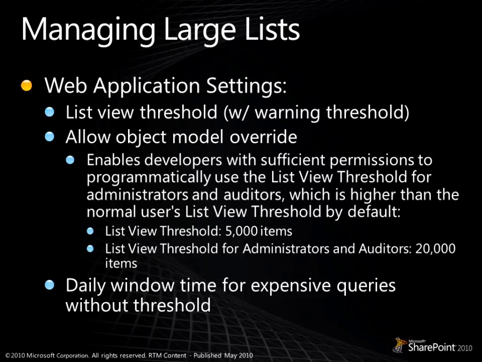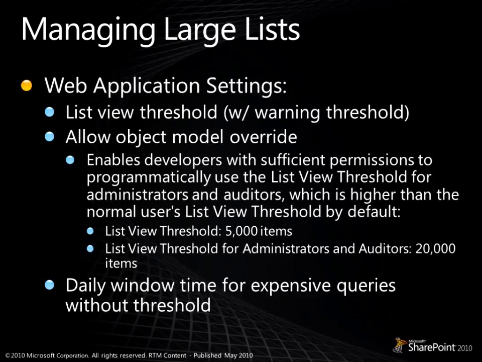List view threshold settings are configured from the application settings using the Central Administration application. We can modify the following settings. The list view threshold, which basically is the amount of items for the limit. Allow object override enables developers with sufficient permissions to programmatically use the threshold for administrators and auditors.